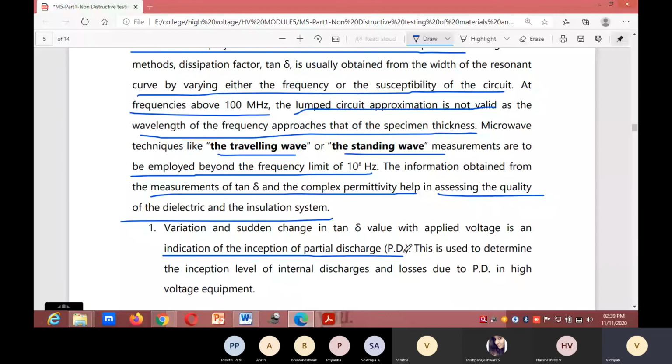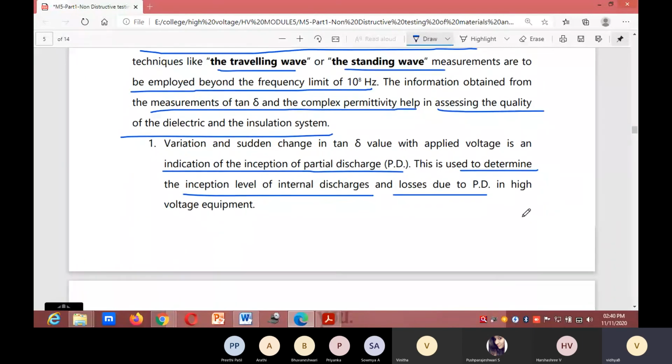This is used to determine the inception level of the internal discharge and also loss due to potential difference in high voltage equipment.